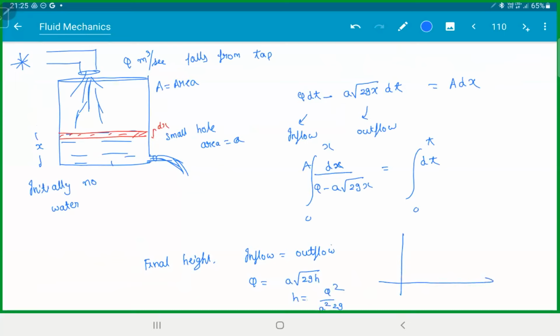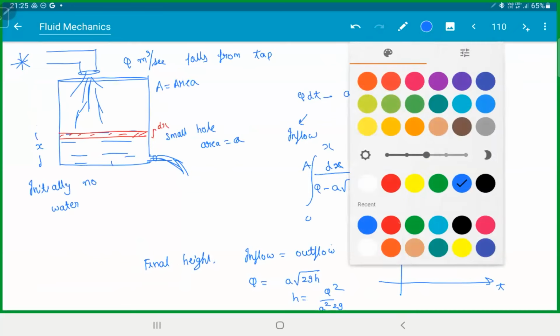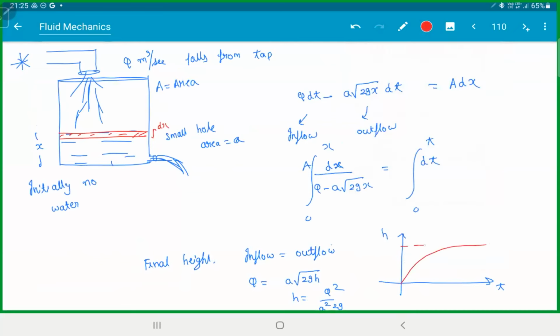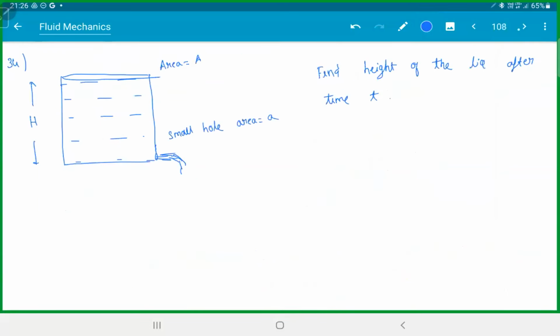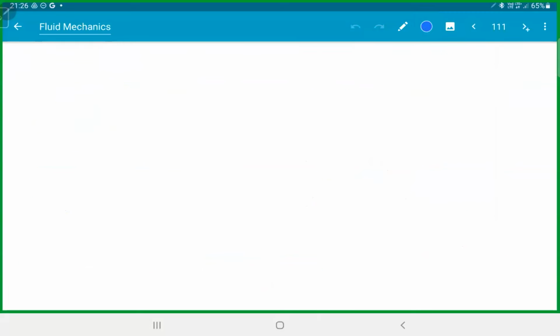And if you plot the graph, height versus time, this is at h max. That is how the height will increase and eventually reach the maximum value. All clear with this? Next thing.